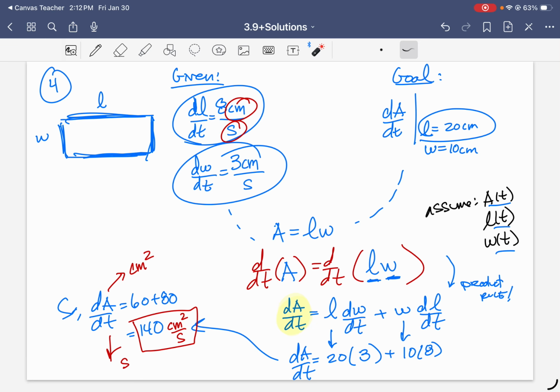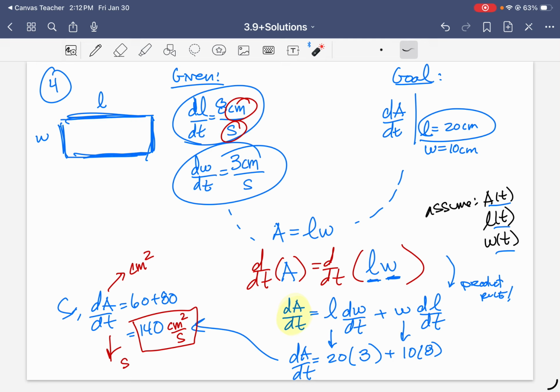If we look at 4, it says the length of a rectangle is increasing at a rate of 8 centimeters every second. So if this is L, then dL/dt is 8 centimeters per second. And its width is increasing at a rate of 3 centimeters per second, so dW/dt is 3 centimeters per second.